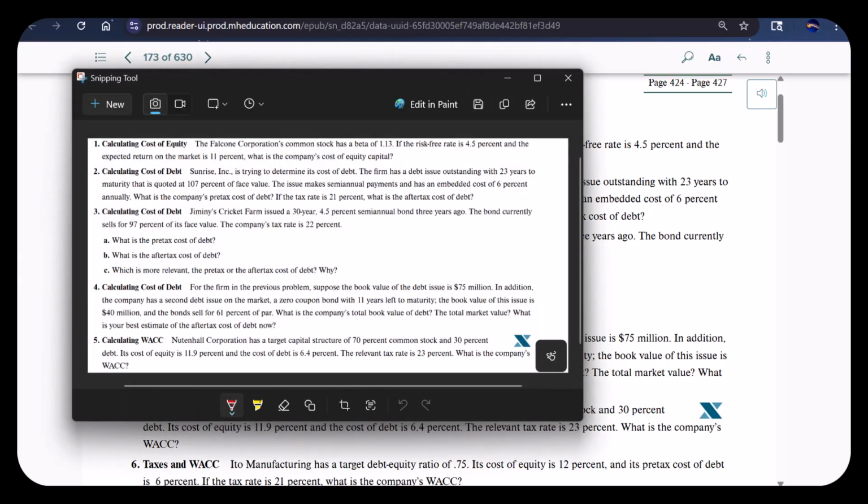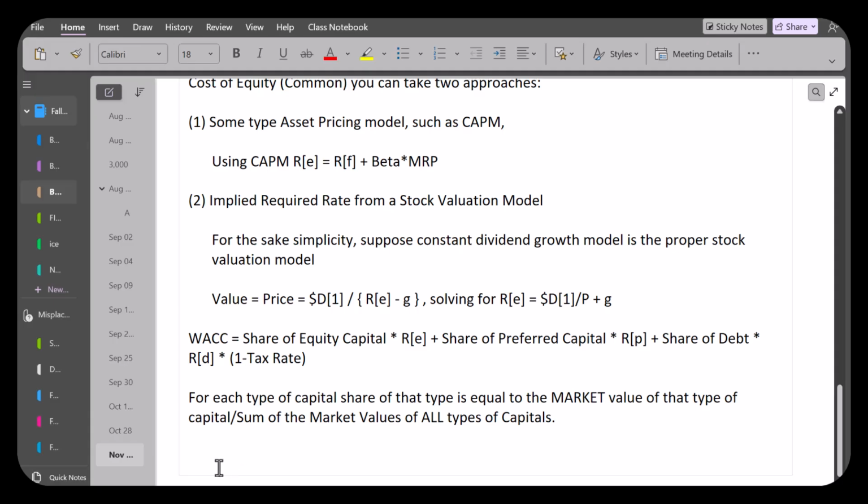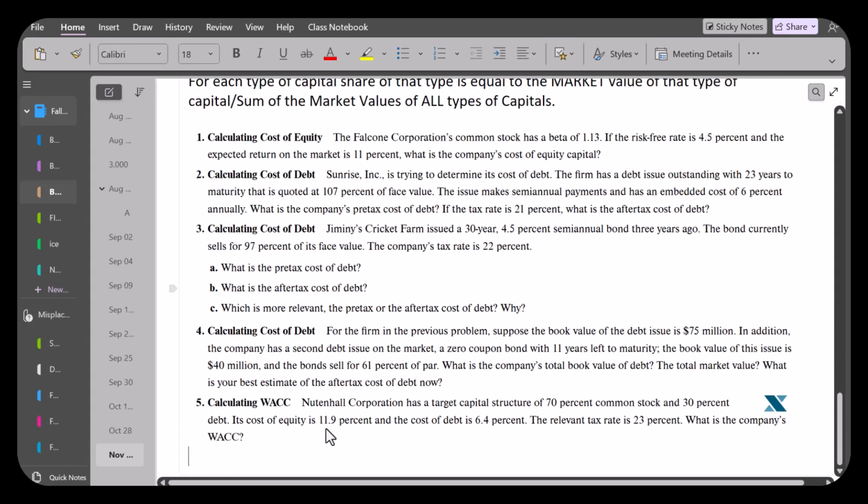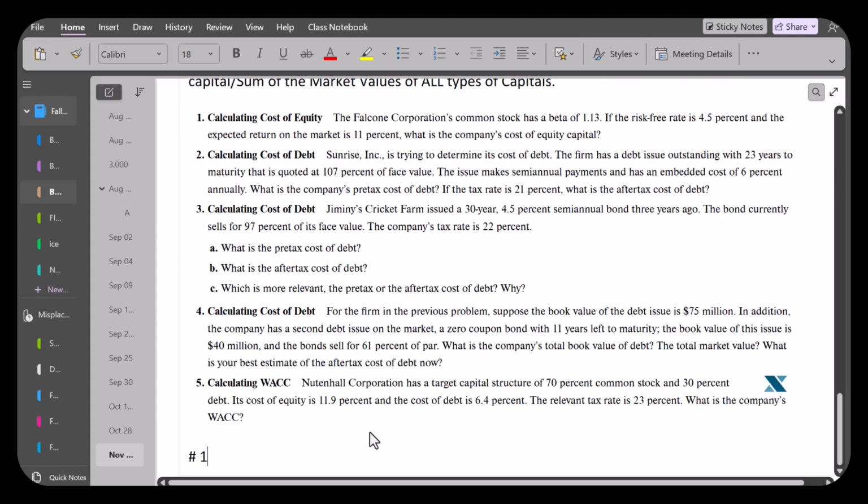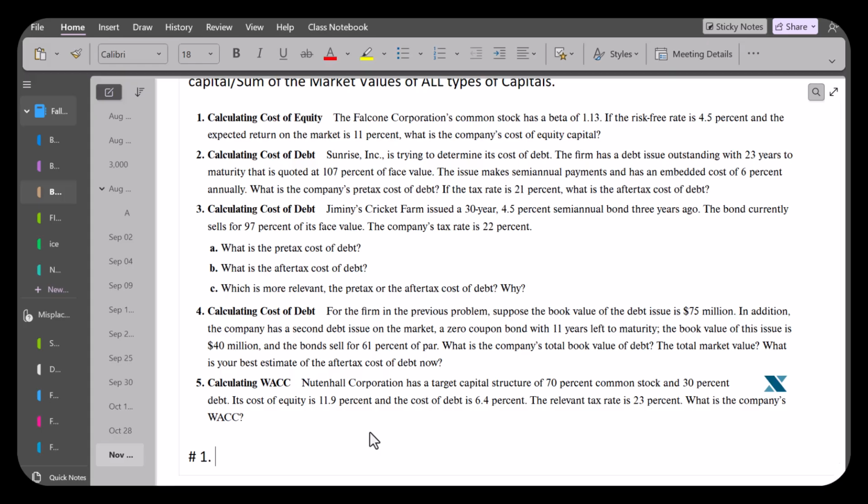Now let's do number one. We know the beta, we know the risk-free rate, we know the expected return on the market. What's the cost of equity capital? Well, it looks like the only thing we know is CAPM kind of information, right?